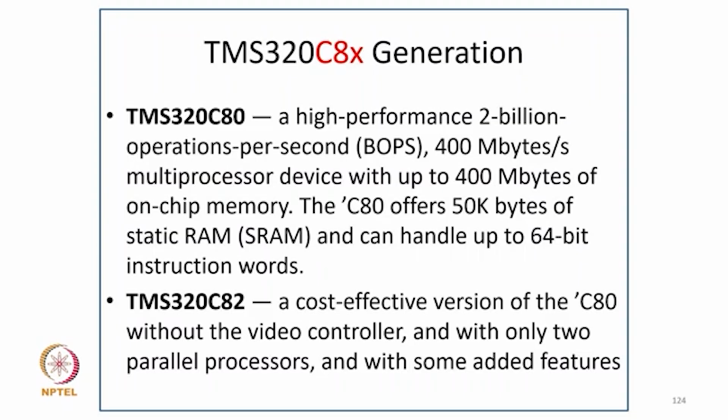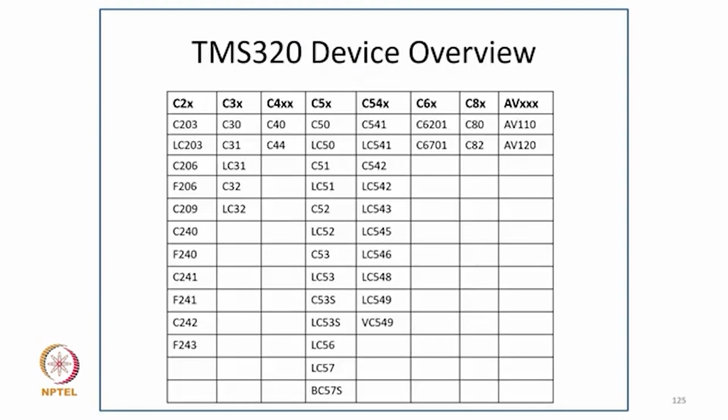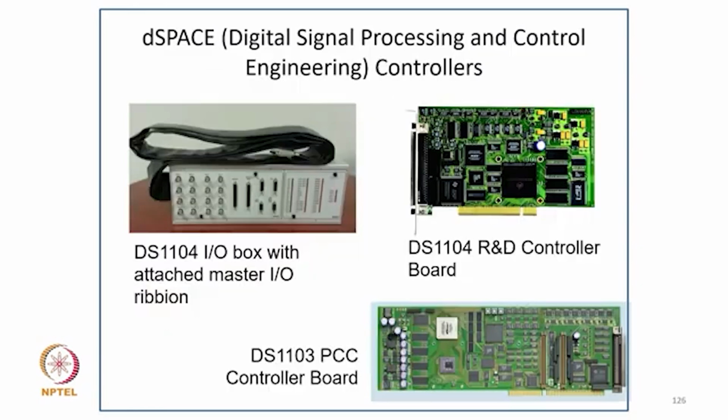TMS320C82, a cost-effective version of the C80 without the video controller and with only 2 parallel processors and with some added features. So here is the typical TMS320 device family overview, starting from C2X and C3X, C4X, C5X, C54X, C6X, C8X and AV XXX.